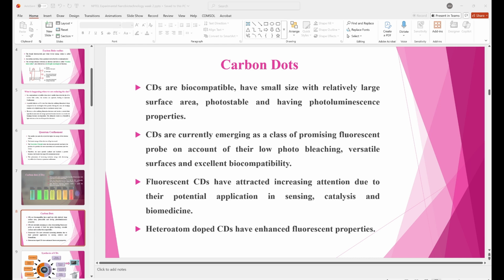Sometimes both dopings are done. That is why they're saying heteroatom doped. So this doping enhances the fluorescent properties. It increases the quantum yield of your carbon dots, so the sensitivity of sensing, catalysis, or bioimaging increases.